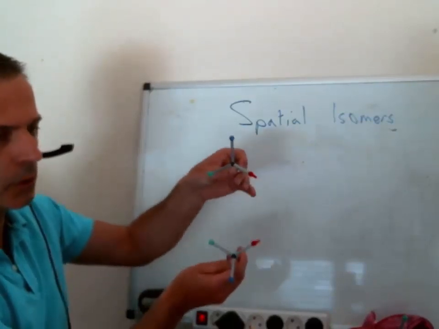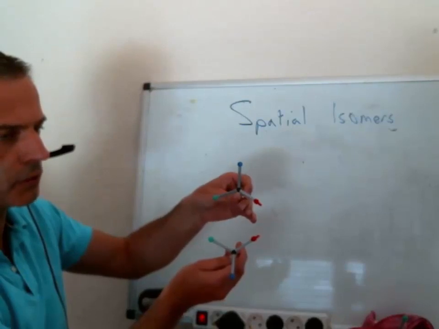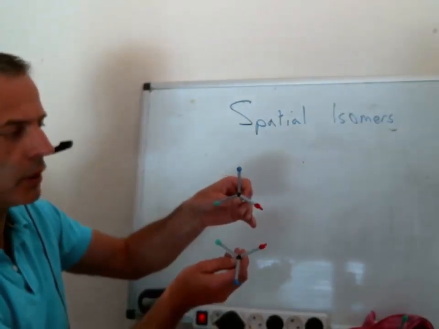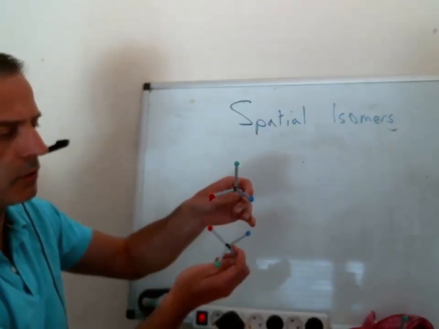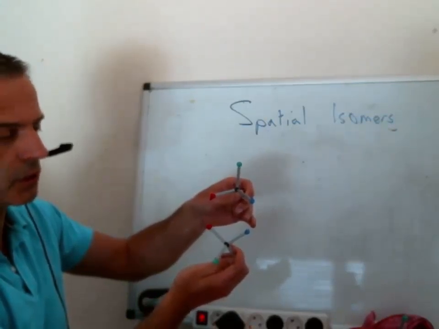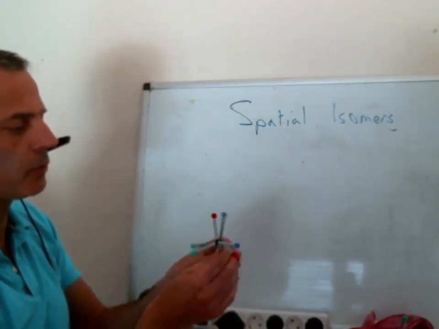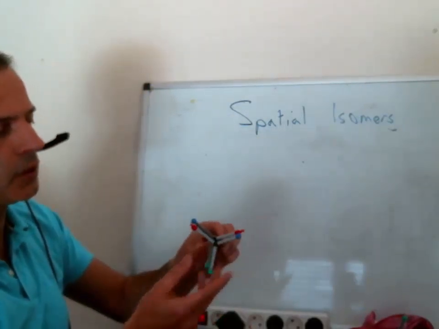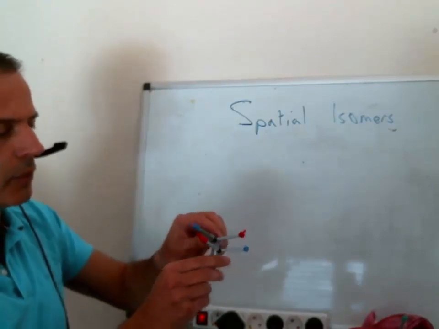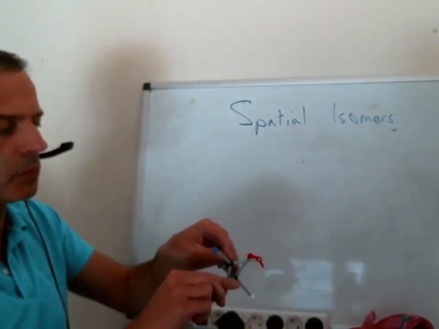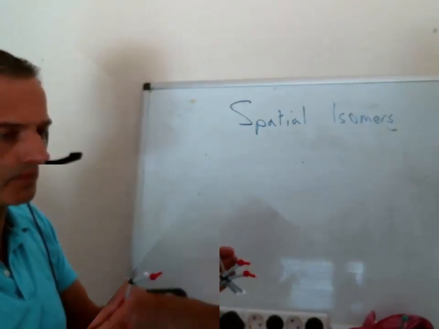So these 2 molecules are now a reflection of each other in a horizontal plane between my 2 hands. If I rotate it, it's still a reflection of itself. If I put them on top of each other, we can see that there is no way of moving them around to get them to be the same.